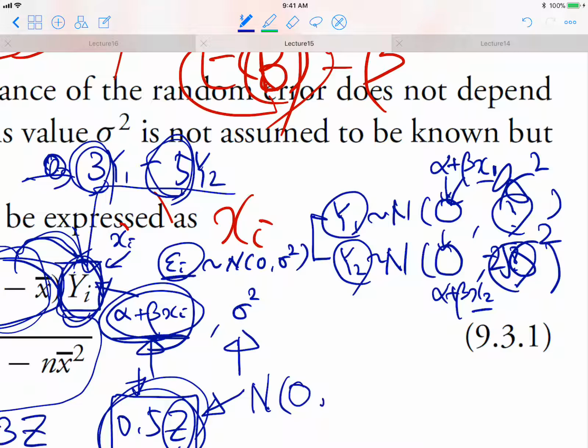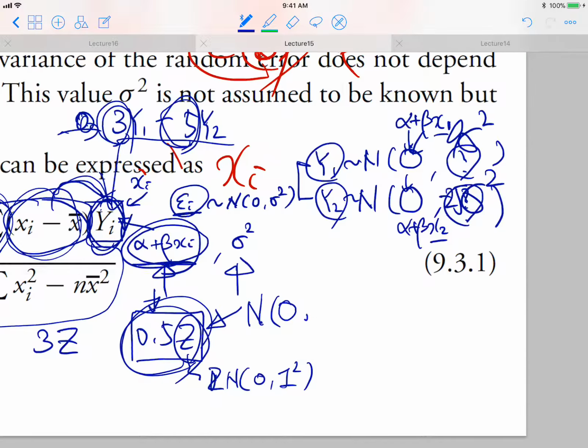In these cases, if we add them together, are they still Gaussian? It is Gaussian. And that was the special property of the Gaussian distribution. So we have two Gaussian distributions that have their own means and variance values, and if we sum them up, of course, it will be a Gaussian distribution.